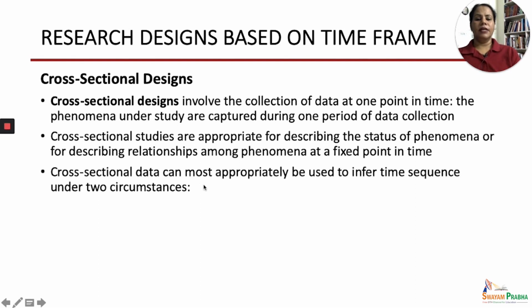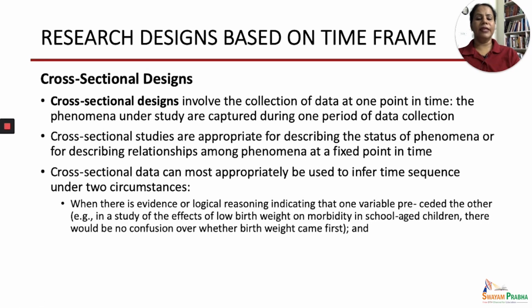And these data can be appropriately used to infer time sequence under two circumstances. So what are those two circumstances? One is when there is evidence or logical reasoning indicating that one variable preceded the other. For example, if we study the effect of low birth weight on morbidity in school age children.